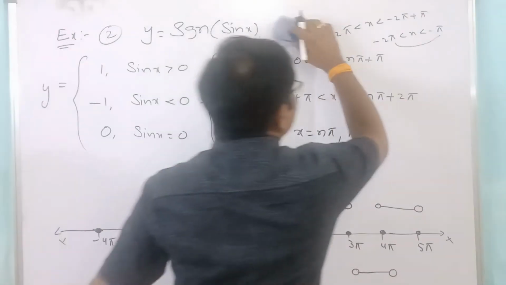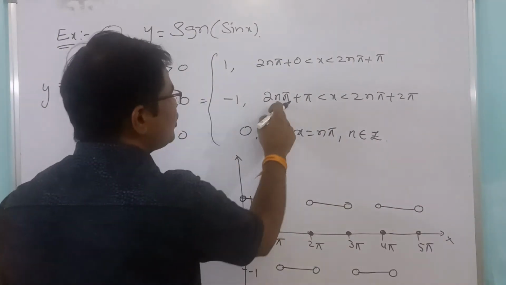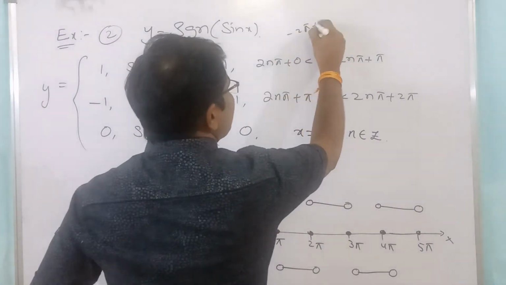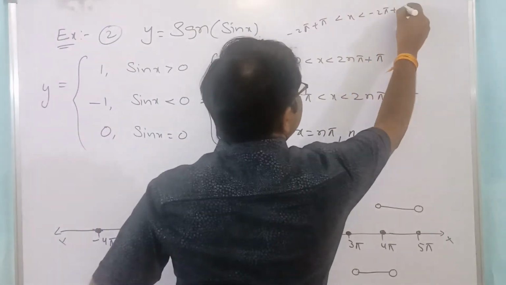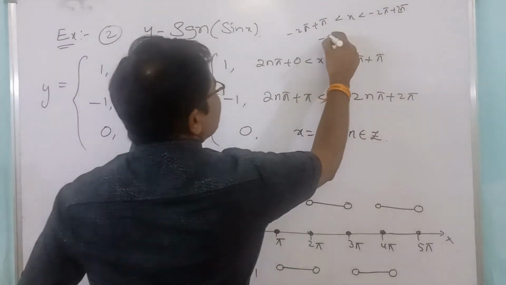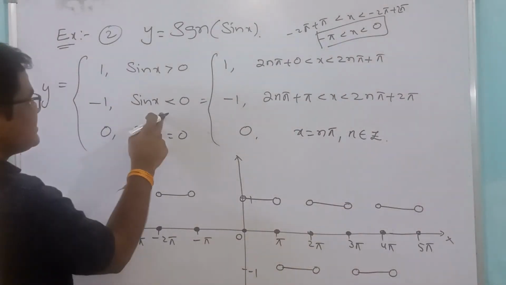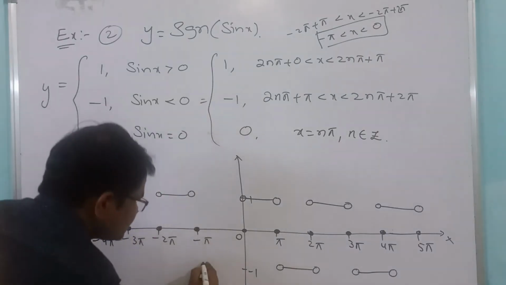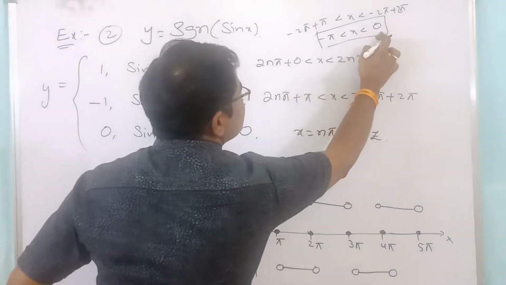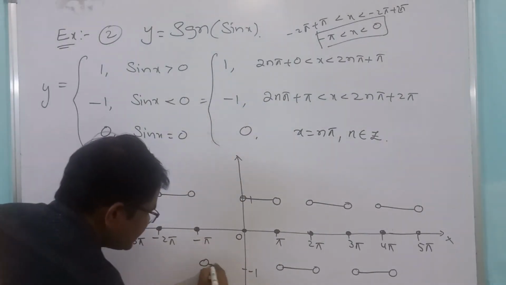Suppose you take the other one, n equal to minus 1, minus 2 pi plus pi less than x less than minus 2 pi plus 2 pi. So here minus pi less than x less than 0. In this interval sin x is less than 0, means y equal to minus 1. So minus pi to 0, y value is minus 1.